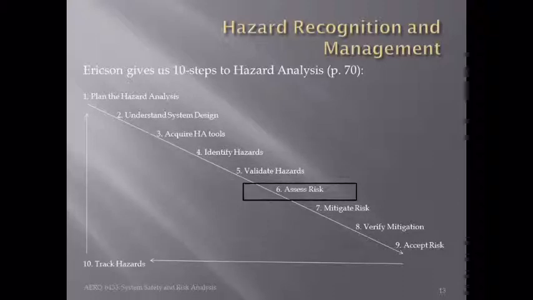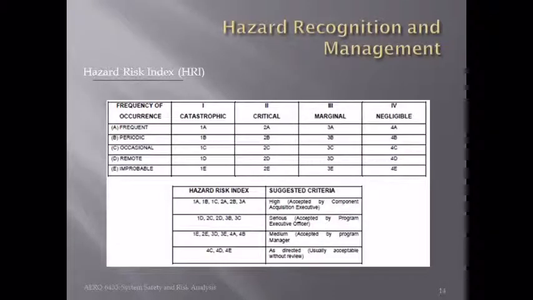Step 6, the next step, assessing the risk, is how we can identify the amount of danger a hazard brings. By comparing the likelihood and severity ratings, we determine the hazard's risk index. The Air Force System Safety Handbook gives us an example of the risk matrix and resulting hazard risk index.